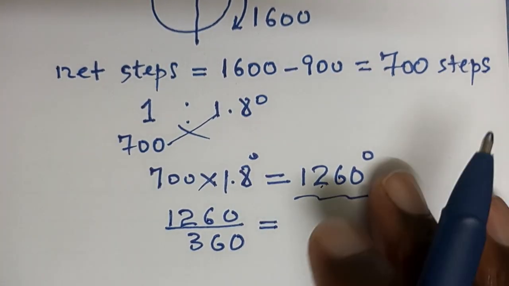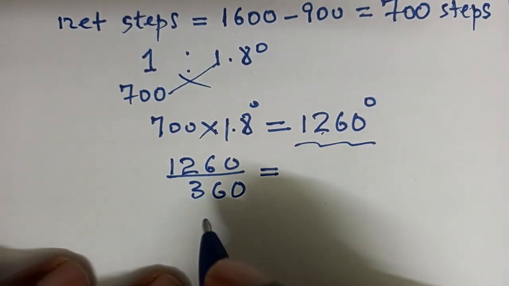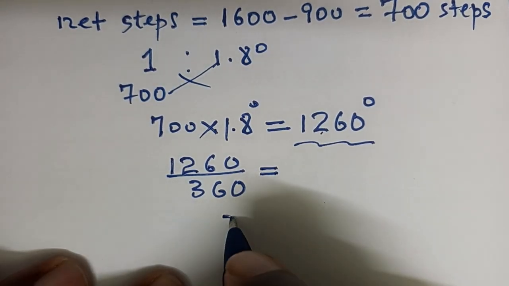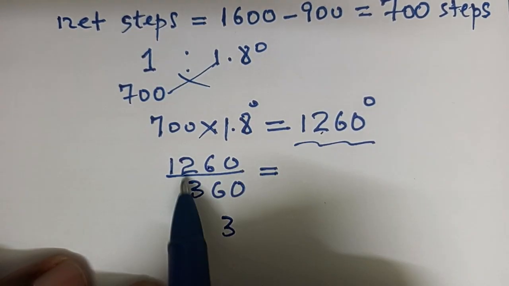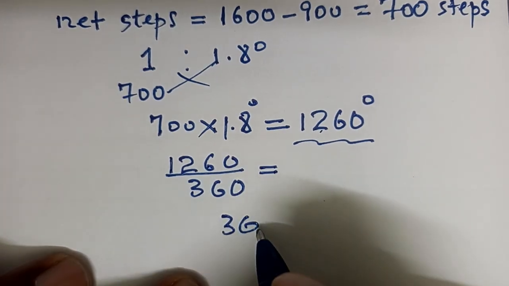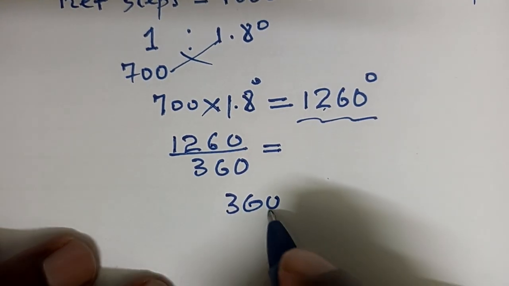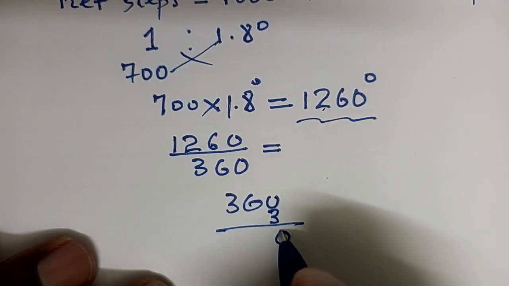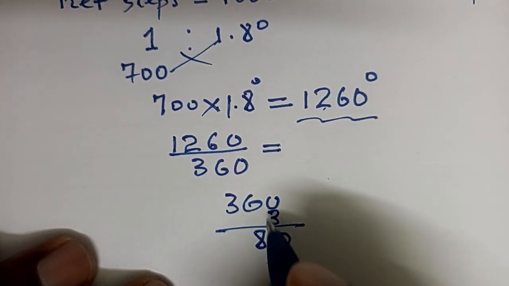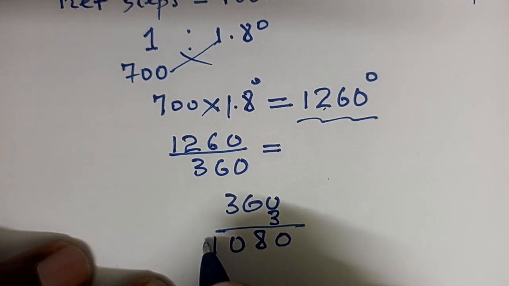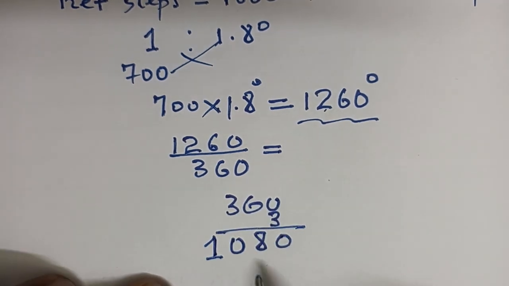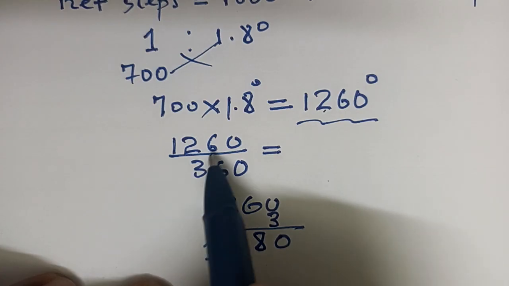So that will be 360 multiplied by 3, which is 1080. If we add another 360, we shall have gone past 1260.